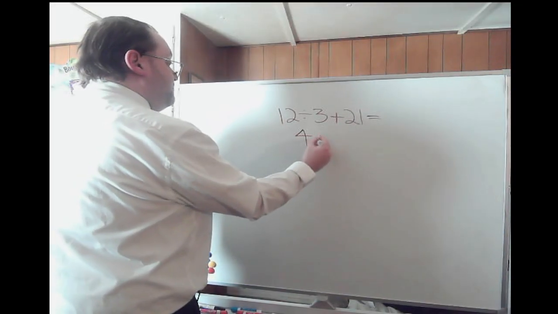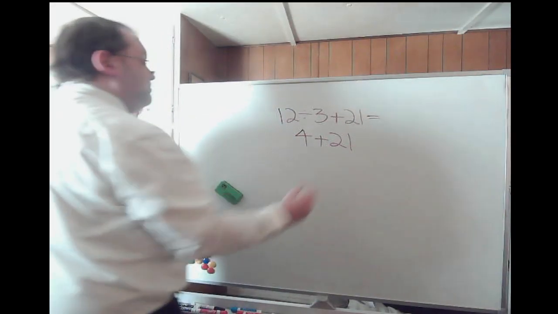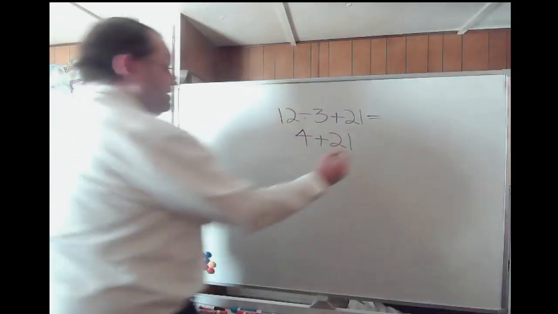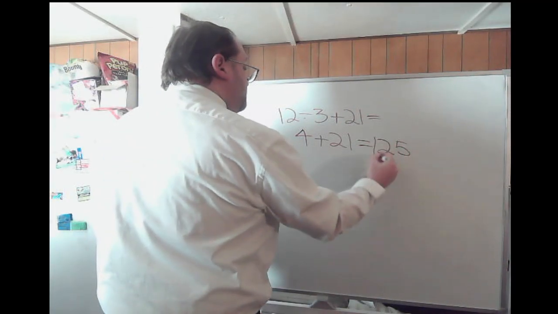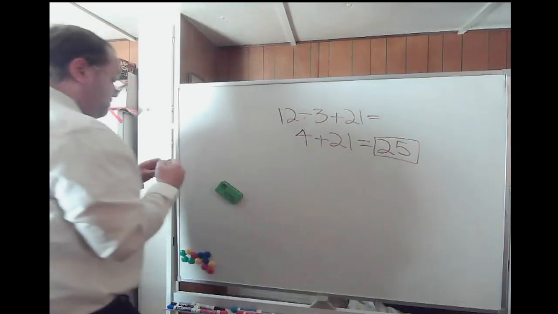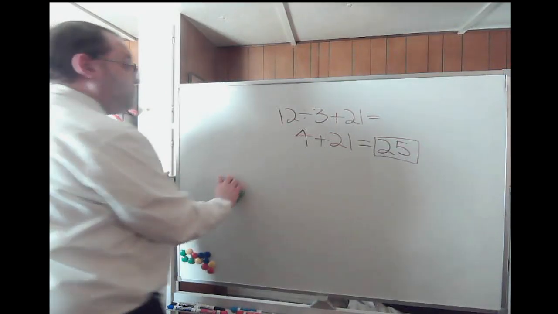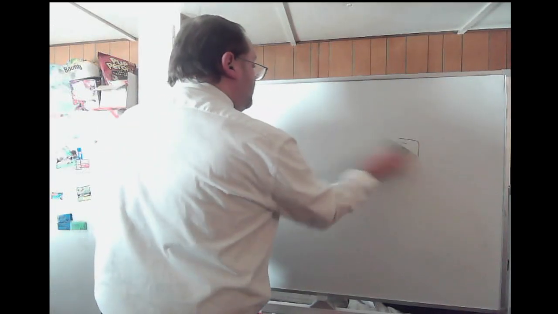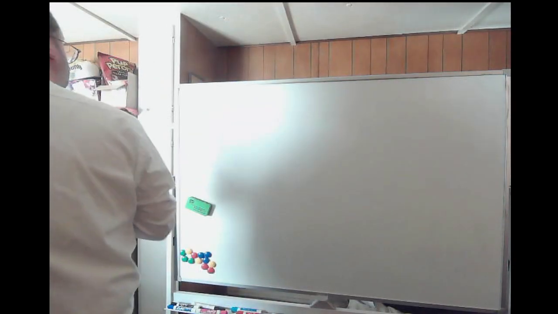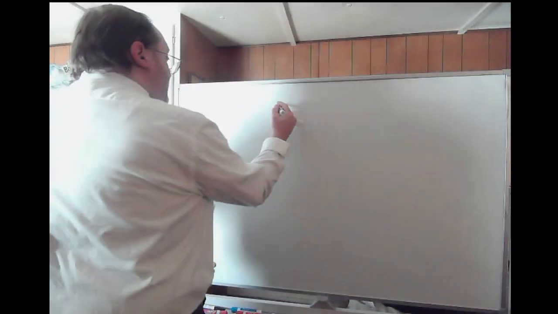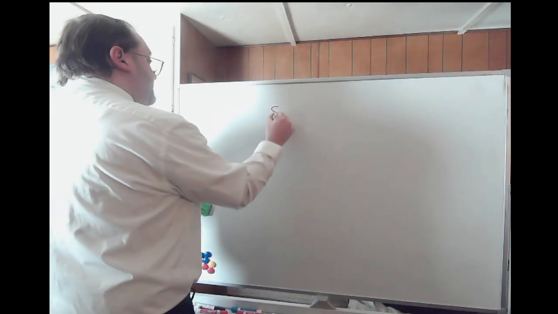So you'd be left with 4 plus 21. 4 plus 21 is 25. So 25 would be the answer we're looking for. It never hurts to review these because as we get further along, there's going to be less review. So it's important to have a grasp on this stuff early.